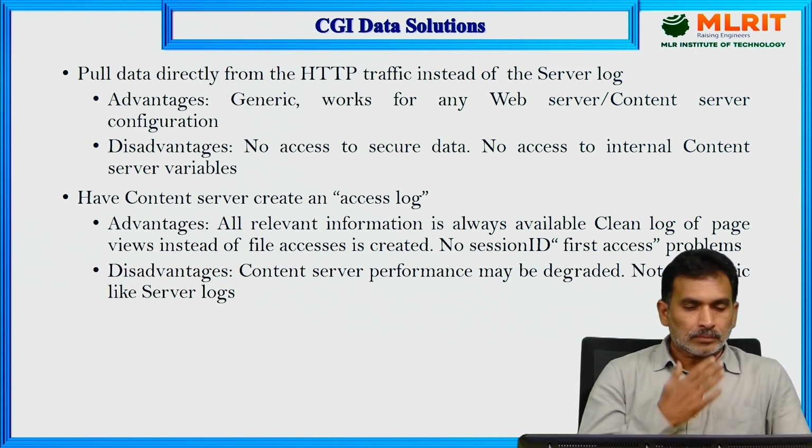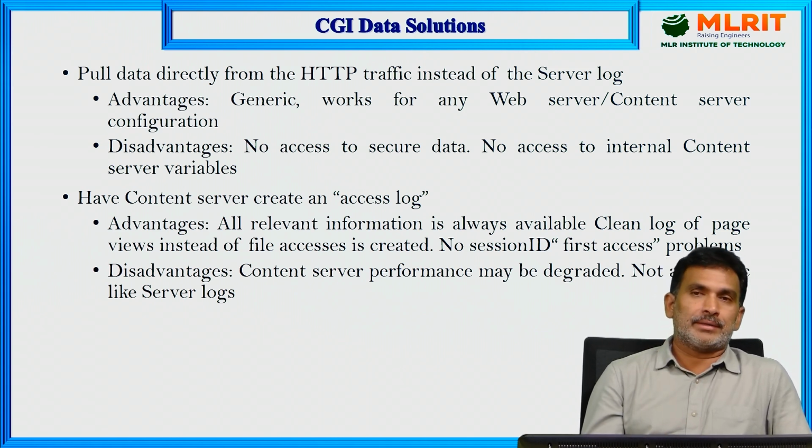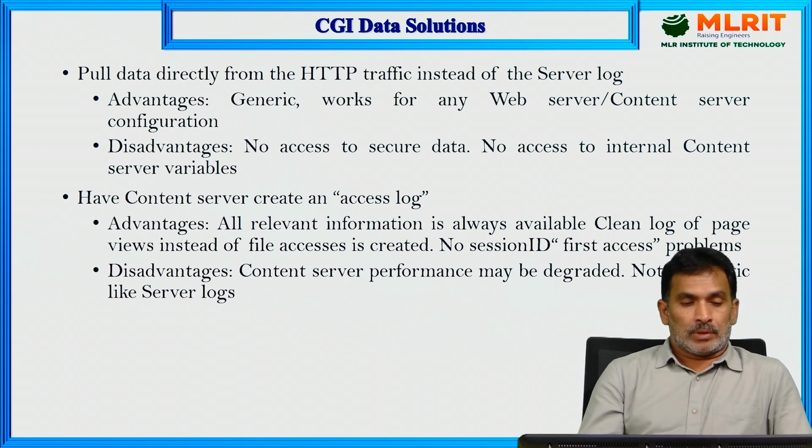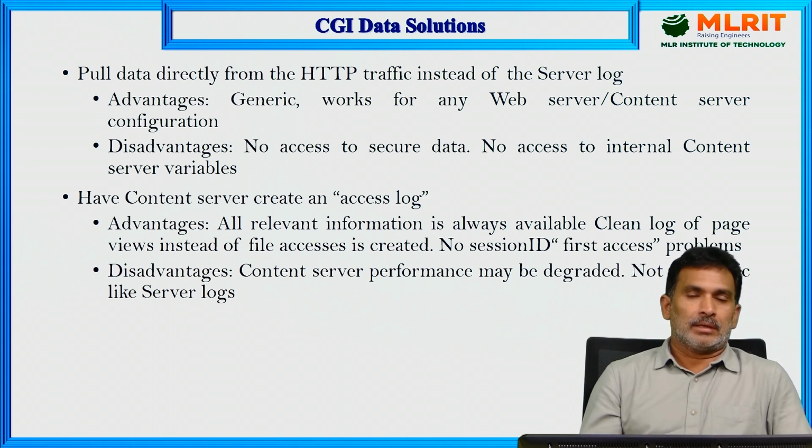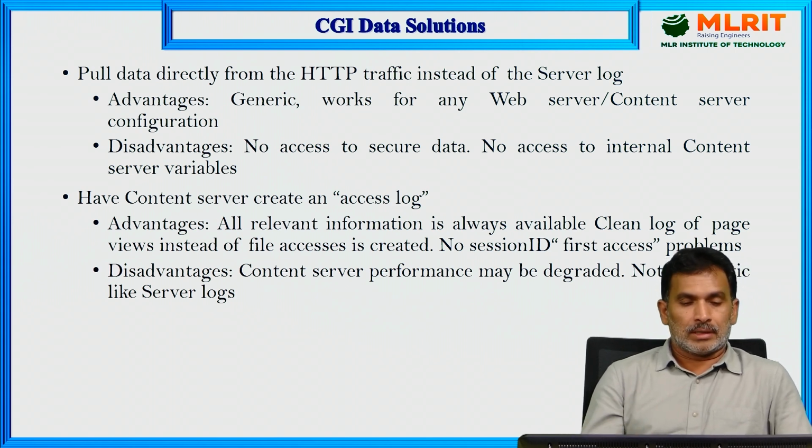But let us look at the advantages as well as the disadvantages. The advantage with the first option, that is pull the data directly from the HTTP traffic instead of the server log, is that it is generic. It works for any web server or content server configuration. But the disadvantage is no access to the secure data, no access to the internal content server variables.